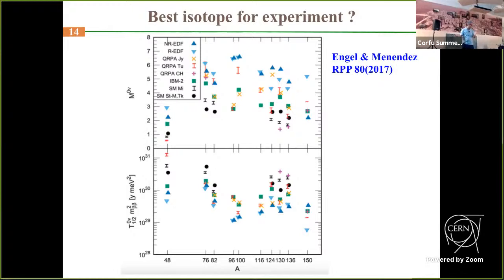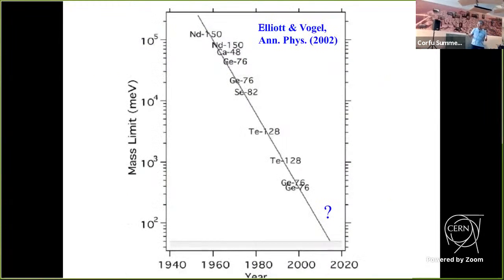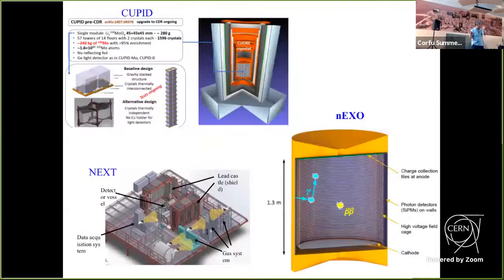Experimentally, we have 10^27 years expected for the anomaly or CUPID. With the same lifetime, CUPID or molybdenum has a better mass limit because the matrix element is really large. To reach that value, which half-life? This is 8 times 10^26 years.